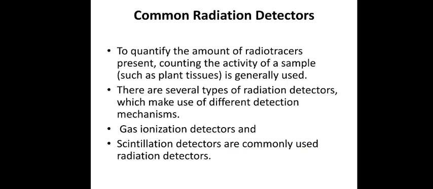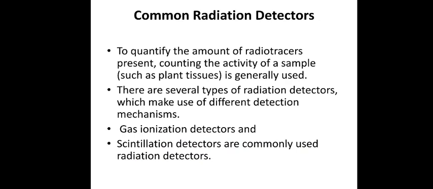This radioactive element will go and bind to the chemical of your interest. That means the number of radioactive elements present in the given sample, tissue or solution will be proportional to the complementary element. And you remove the excess of the radioactive element.